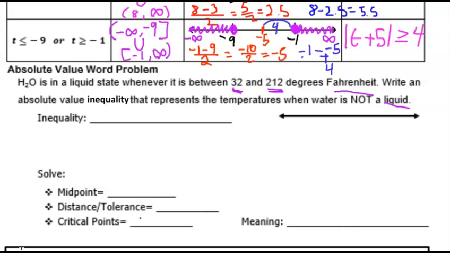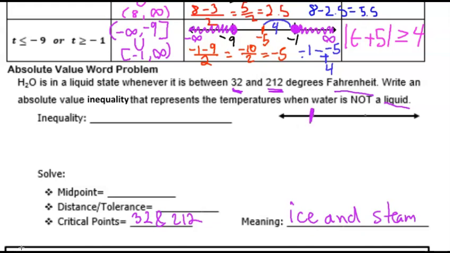We already have our critical points. It's 32 and 212. The meaning is when H2O is ice and when it is steam, the boiling and melting points.